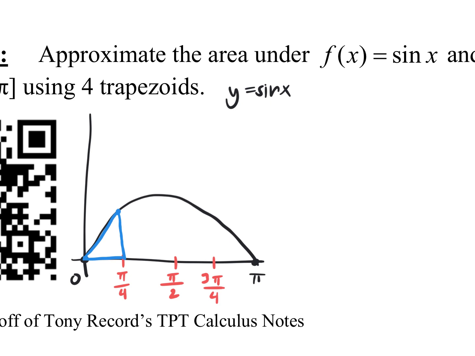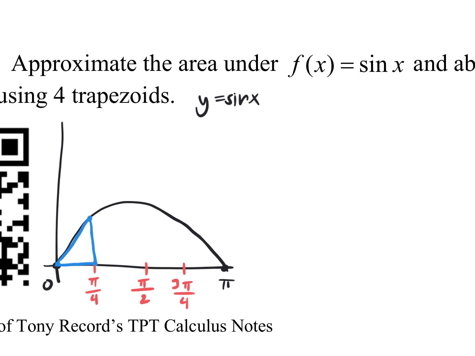In this case, it actually looks like a triangle, because it's at 0, 0 technically. If I was to write the formula for this trapezoid, I would have 1/2 times my height. The distance between those two is going to be pi over 4 for every one of these. And then I would have the sum of the bases. We're not given all of the y values of these points, but how could I find the y value?